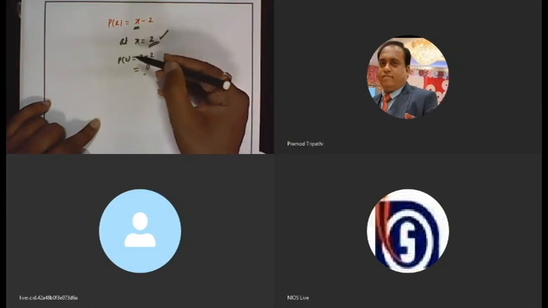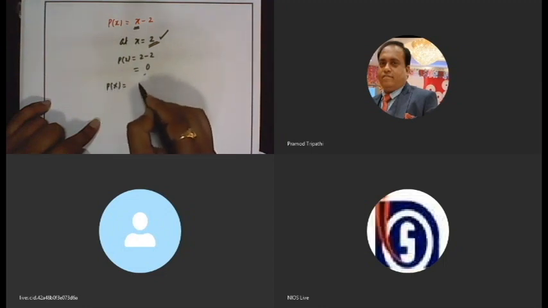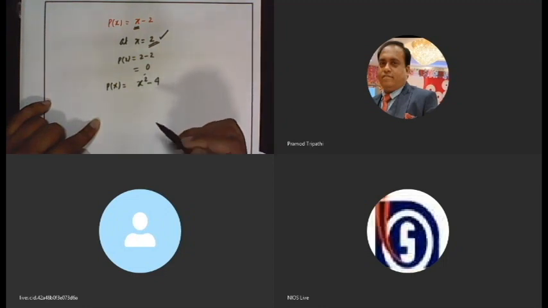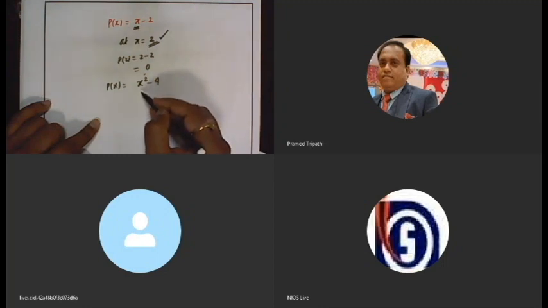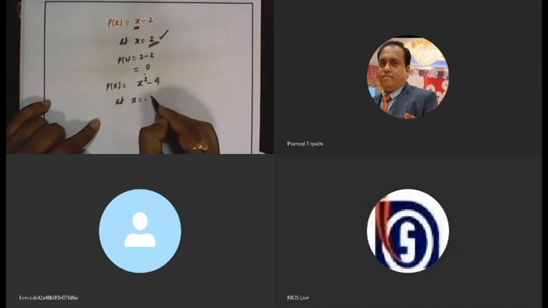We can take another example. If we take P(x) equal x square minus 4, this is a quadratic polynomial. Now we have to find the zeros of this polynomial. At x equal minus 2, the value is 4 minus 4, it is 0.